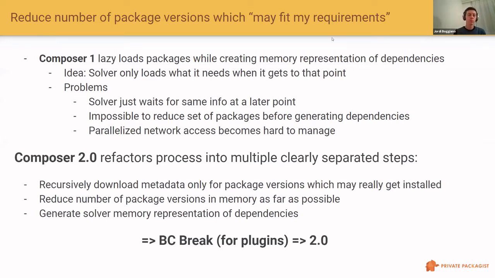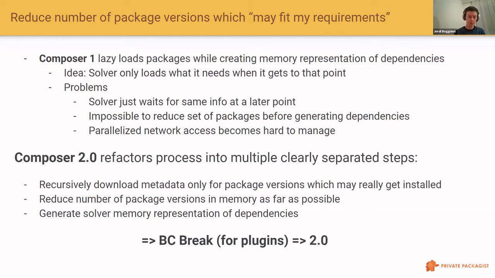So in Composer 1, we had a model where initially this sounded like a smart way to do this, but we quickly learned that it wasn't. It kind of lazy loaded packages while solving the dependencies.